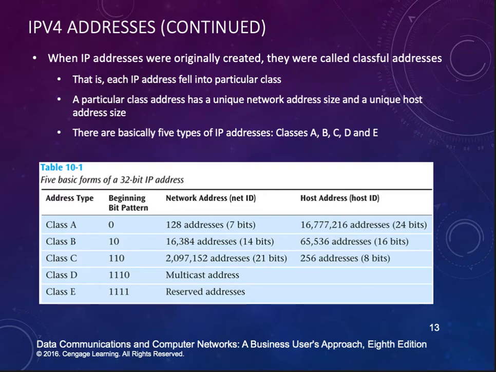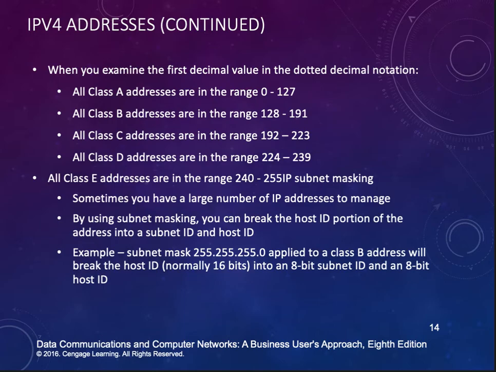We have different classes here, A to E. So as the internet grows, the IP addresses, internet protocol, increase. Again, classes A to D. Subnet range masking.